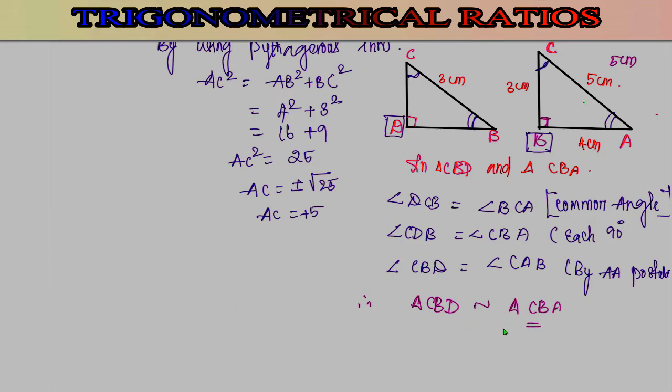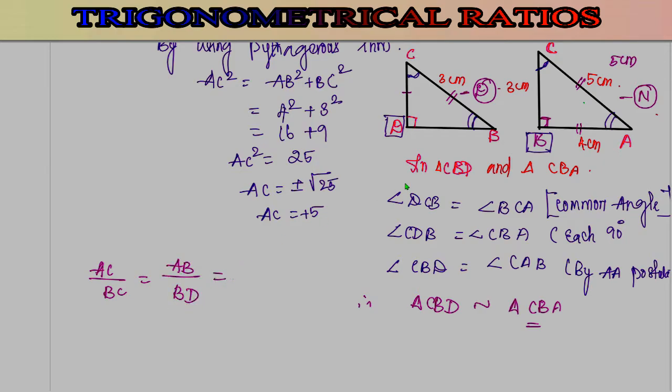When both the triangles are similar, then the ratios of their sides will be equal. First I am going to consider in the numerator the first triangle, and the second triangle I am going to write in the denominator. So in the numerator AC will be equal to BC in the denominator. So I can write AC divided by BC is equal to AB divided by BD.